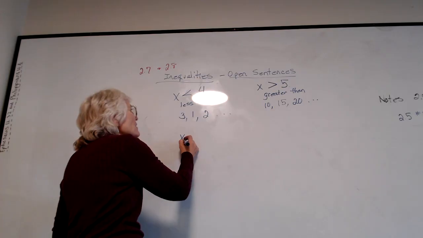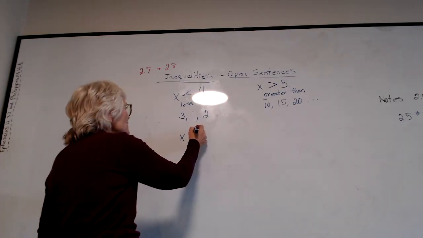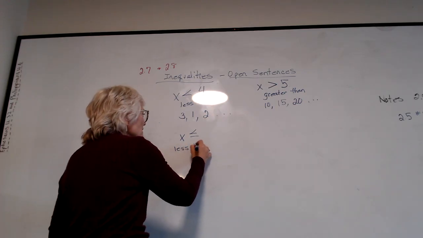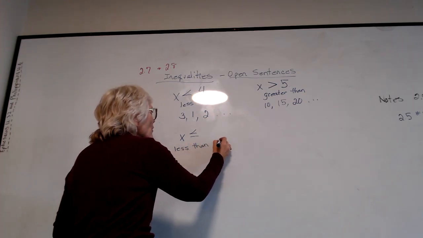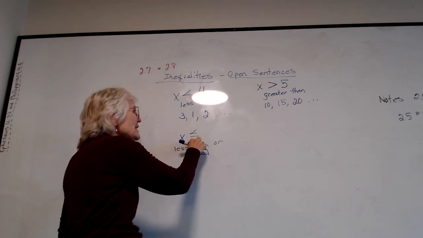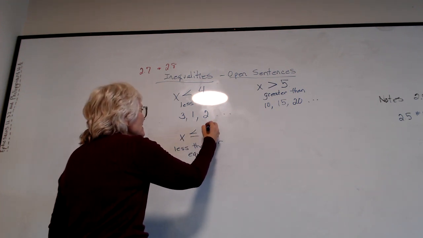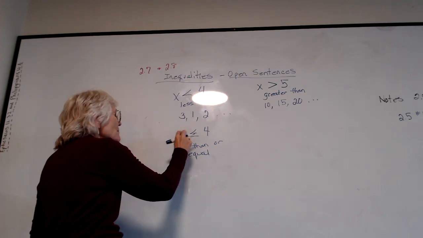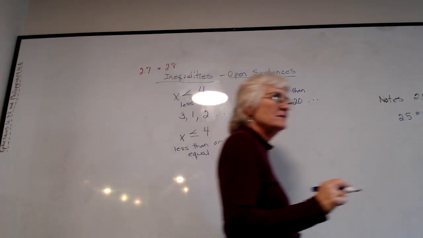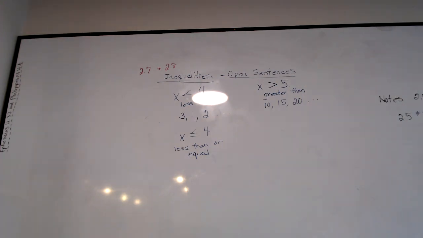The other two symbols that we can use are this. Less than or equal. That's what that symbol means. So this time I'm going to say numbers that are less than or equal to 4. Give me an example of one that's not included in the list above.